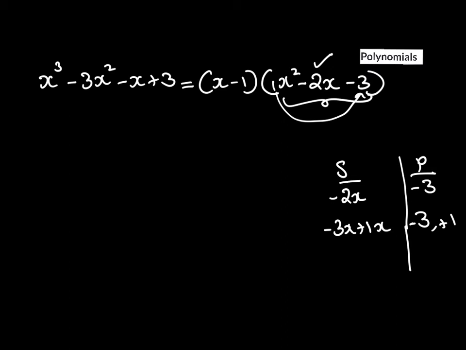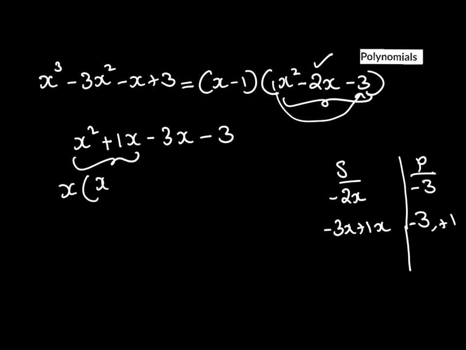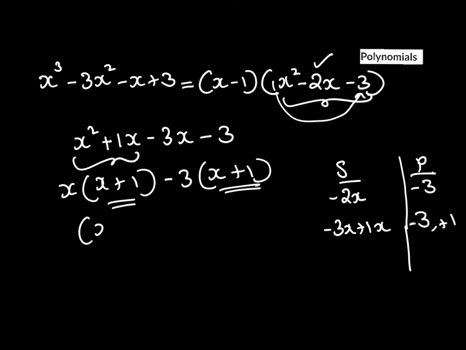So we know now we can split this term. X squared minus 2x can be split as plus 1x minus 3x and minus 3. Taking the common factor out, x is out, so we have x plus 1, and we remove minus 3 out, we have x plus 1, and x plus 1 is common in this, so we remove x plus 1 out and we are left with x minus 3.